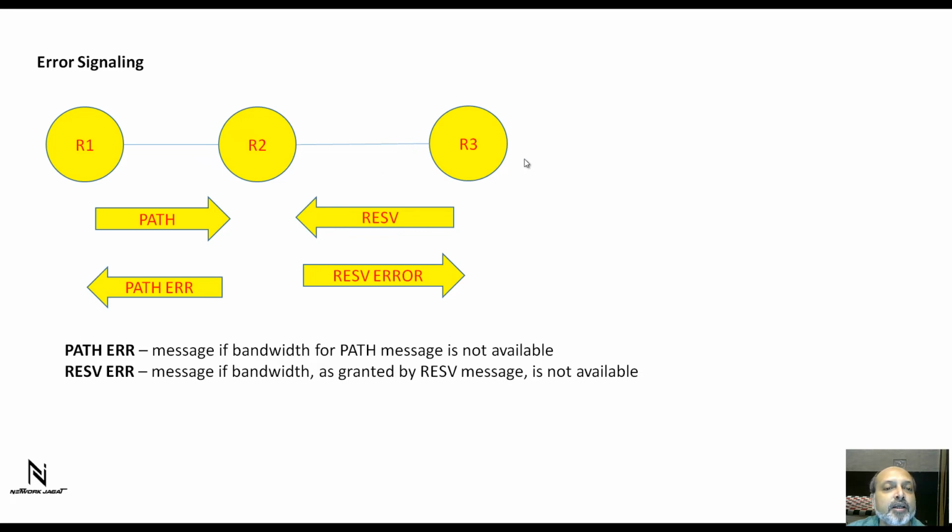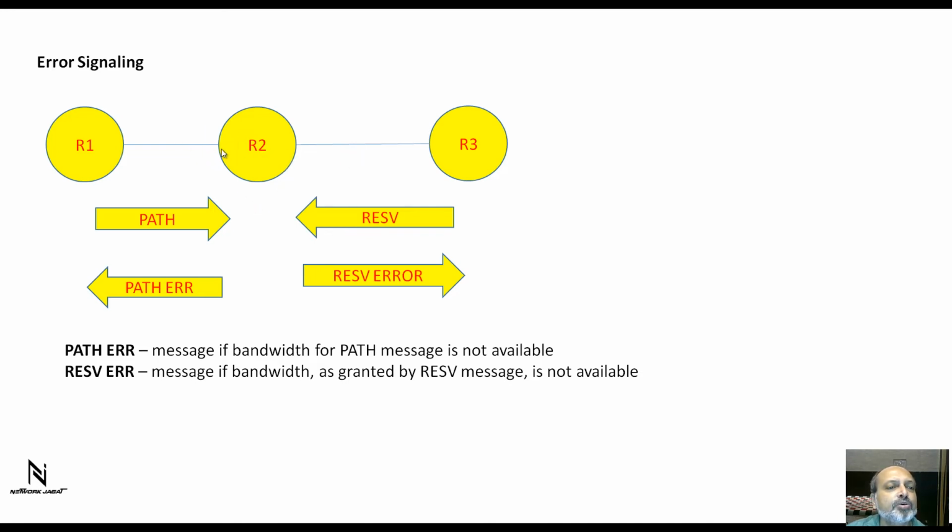So definitely R3 will now instruct R2 to tear the reservation. So it will send a RESV message here. I'm telling it from the other way. Say for example, this R3 router sends a RESV message to R2, telling R2 that I have reserved 50 Mbps bandwidth for you.